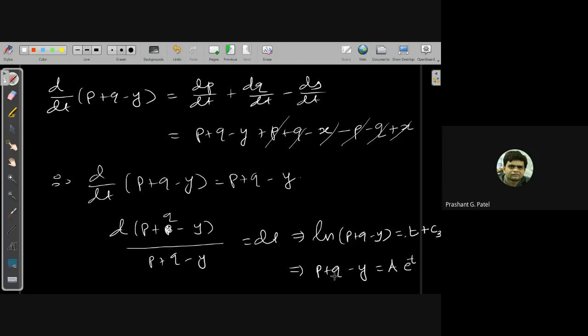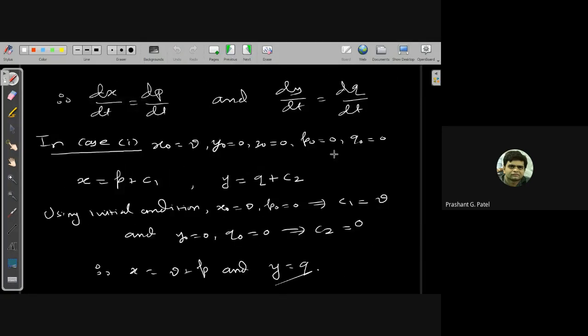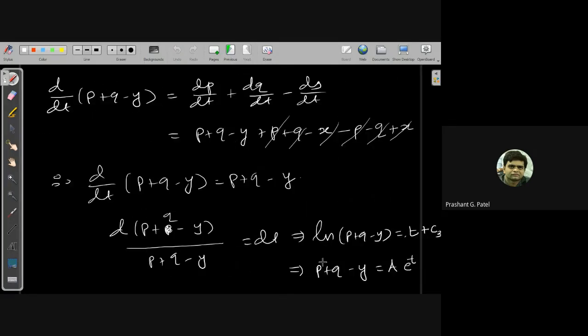Let us use this initial condition. The initial condition is this: p0 is 0, q0 is 0, and here y0 is also 0. And t is already 0 here.